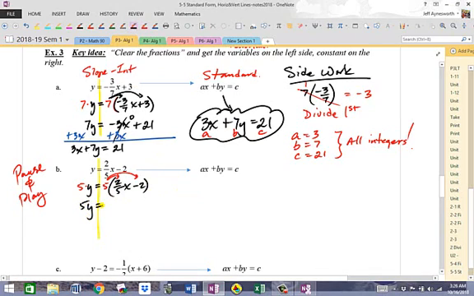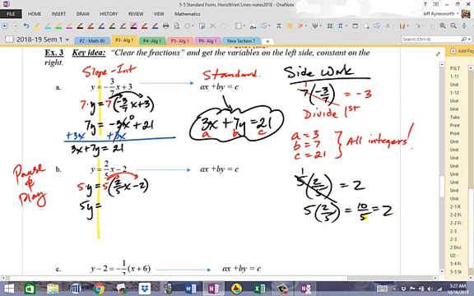5 times 2/5. You can divide first, it's easier: 5 divided by 5 is 1, and then 1 times 2 is 2. Or you could think of it this way: 5 times 2/5 is 10/5, and that's 2. So there are two ways you can do it.